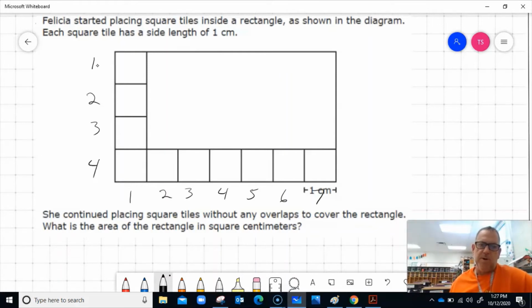What multiplication problem could I use to solve this? Well, I could say there are 4 rows with 7 in each row, and I can multiply 4 times 7.